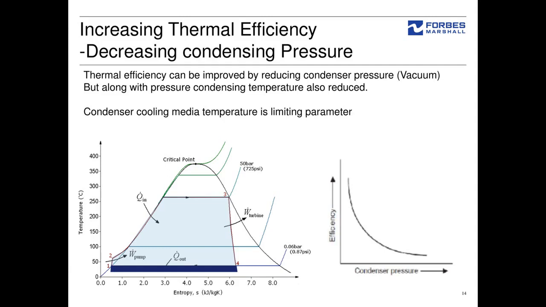You will reach the maximum efficiency point by decreasing the pressure of the condenser. Now, the second challenge in decreasing condenser pressure is that as you decrease condenser pressure, your condensing temperature also decreases, because in the condenser we have a saturated temperature line. So 4 to 1 is the removal of latent heat in your condenser.